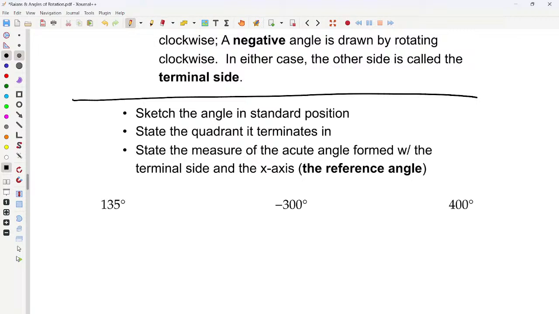You must know your quadrants. Again, I'm not trying to baby anyone, but a few semesters ago I was teaching this class. I didn't mention quadrants. I just assumed everyone knows 1, 2, 3, 4. And that was a bad assumption. So no judgments. If you know it, good for you. But my expectation is everyone knows it. So we're going to review quadrants and finding this thing called the reference angle.